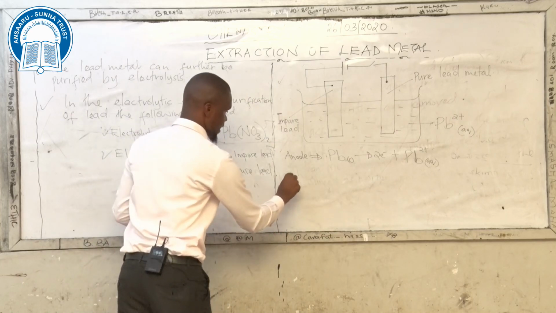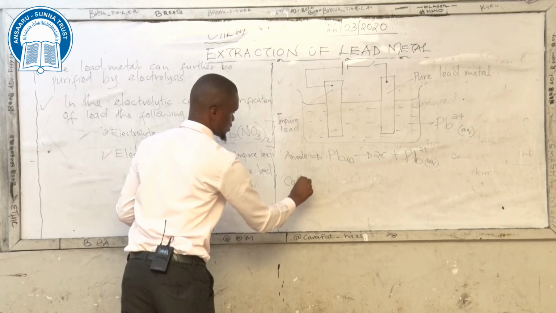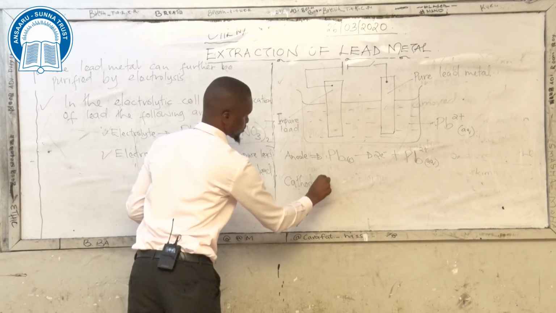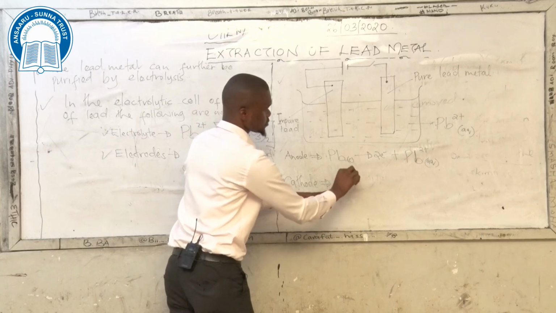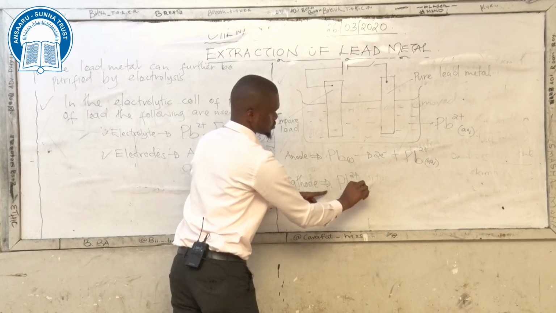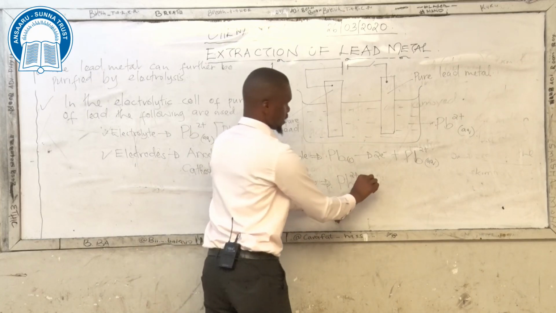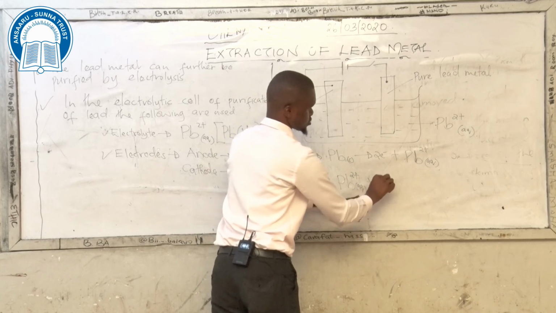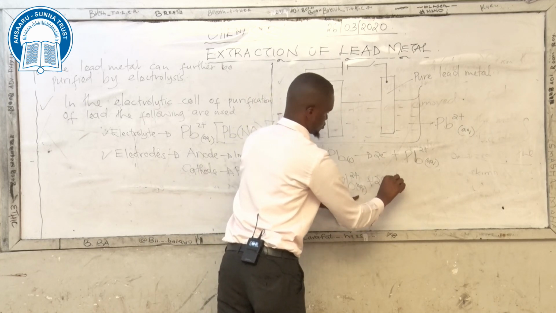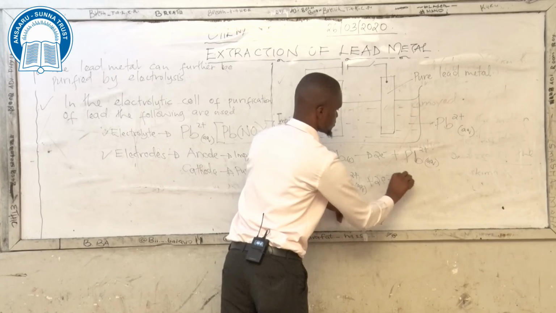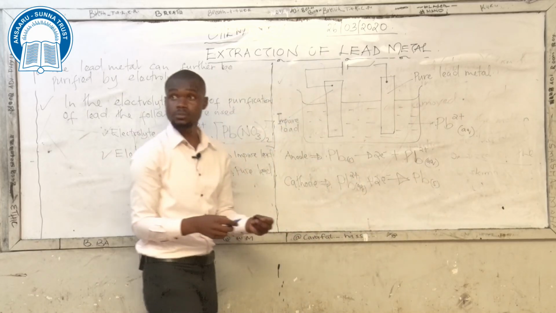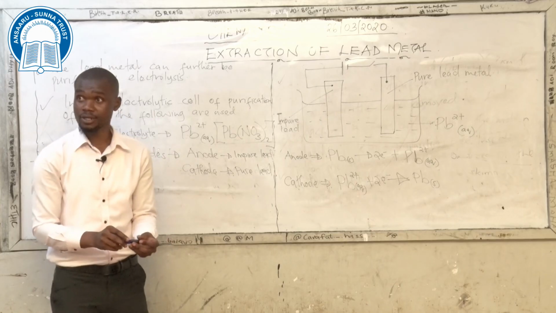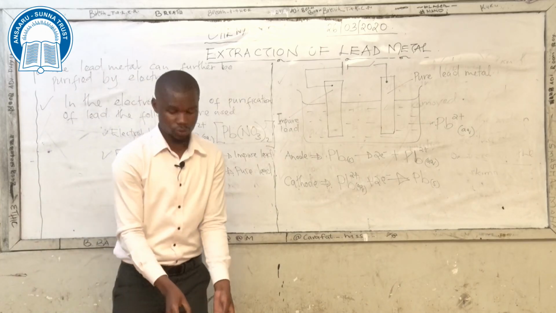While at the cathode, lead 2 ions accept 2 electrons to form lead metal.